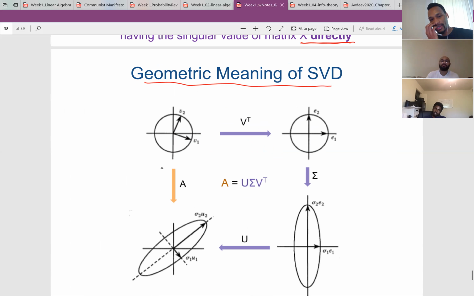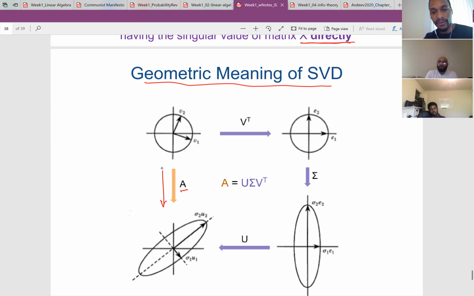You have these vectors V1 and V2, and if you apply the matrix A to them, it transforms them into this thing, right? So you've scaled this vector by that amount, scaled that vector by that amount, and you've rotated them. Yeah, so you've done some scaling and some rotation to the vectors.